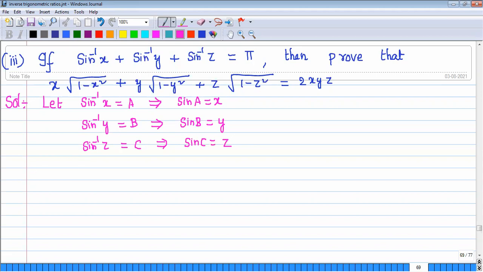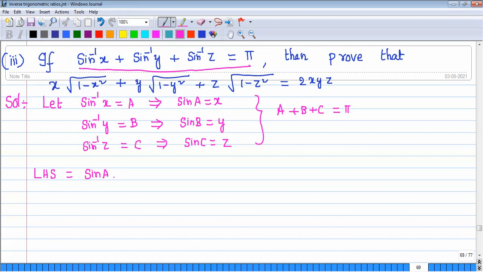So now consider left hand side. Instead of x we can write sin A, and I have forgotten to write here, now this becomes A plus B plus C is equal to pi.